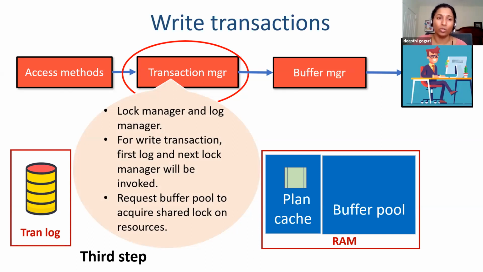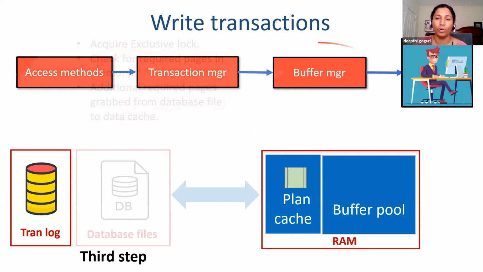So the transaction manager will write those modifications inside the transaction log and then invoke the lock manager part of it. It will invoke the buffer manager to put an exclusive lock on the resources it needs to process the query. Why exclusive? Because this is a write transaction and we do not want any operations interfering with our operation. Again, the ACID properties that we have discussed earlier.